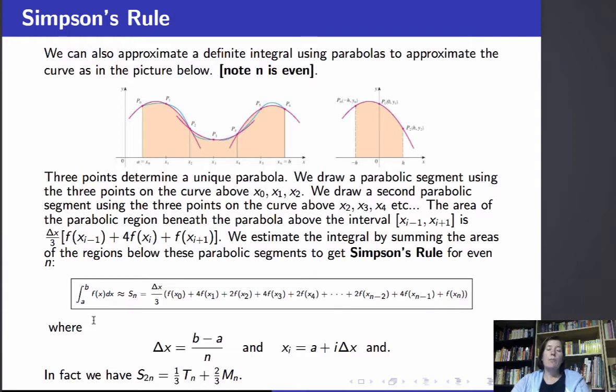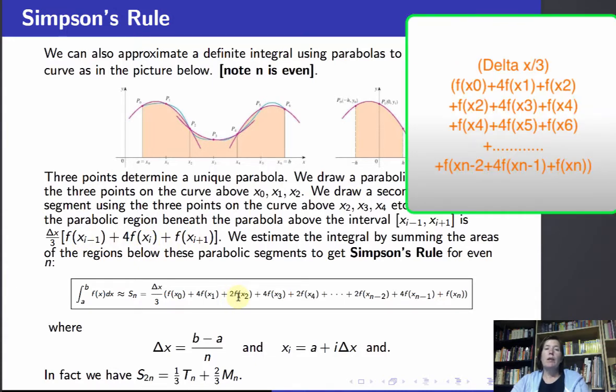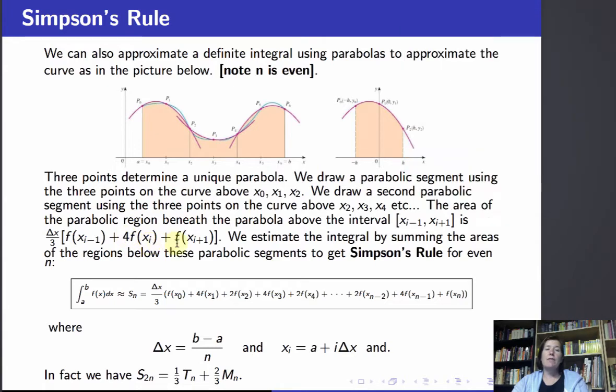When we sum, we get the following formula. We have delta x over 3 times f of x0 plus 4 times f of x1 plus f of x2, plus f of x2 plus 4 times f of x3 plus f of x4, plus f of x4 plus 4 times f of x5 plus f of x6, and so on.